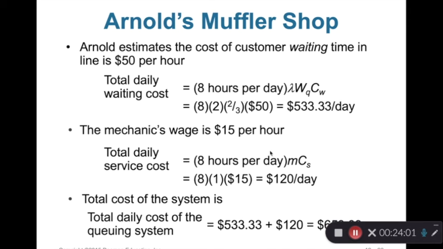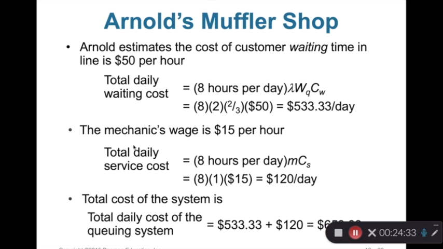Now we can plug all numbers into the formulas. First of all, we want to know the cost of customer waiting time in the line is $50 per hour. Now we can calculate the total daily waiting cost: 8 hours per day times lambda times WQ times CW. And you can see here it is $533.33 per day.